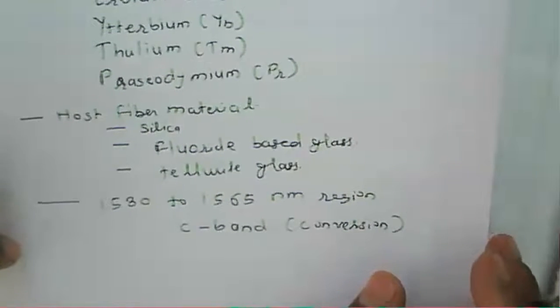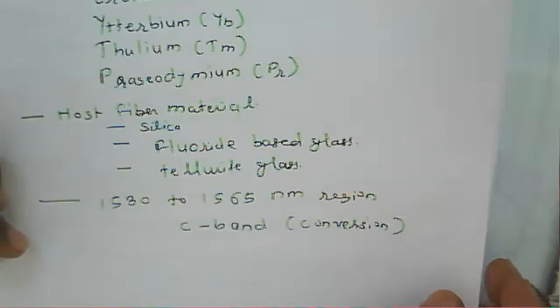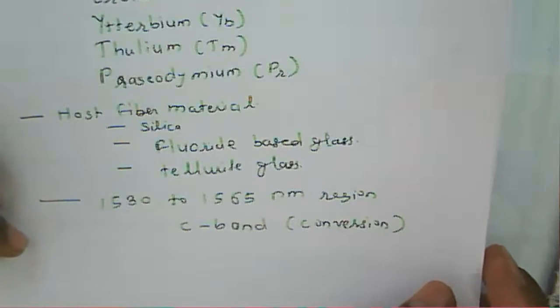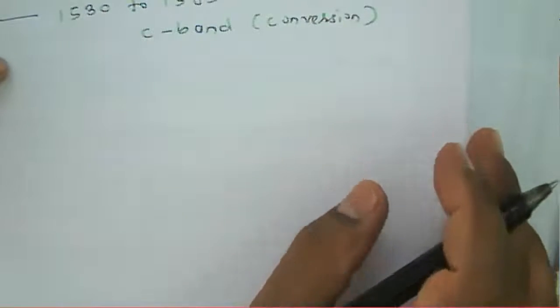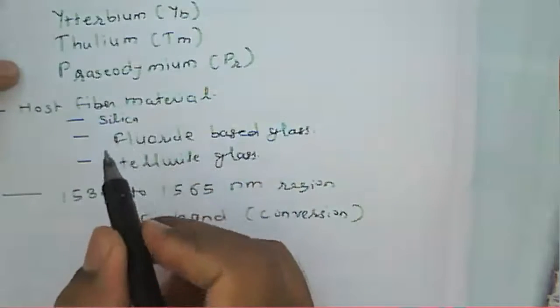So this amplifier has an active medium, and through that optical medium the amplification of the optical signal takes place, and we consider silica and erbium.